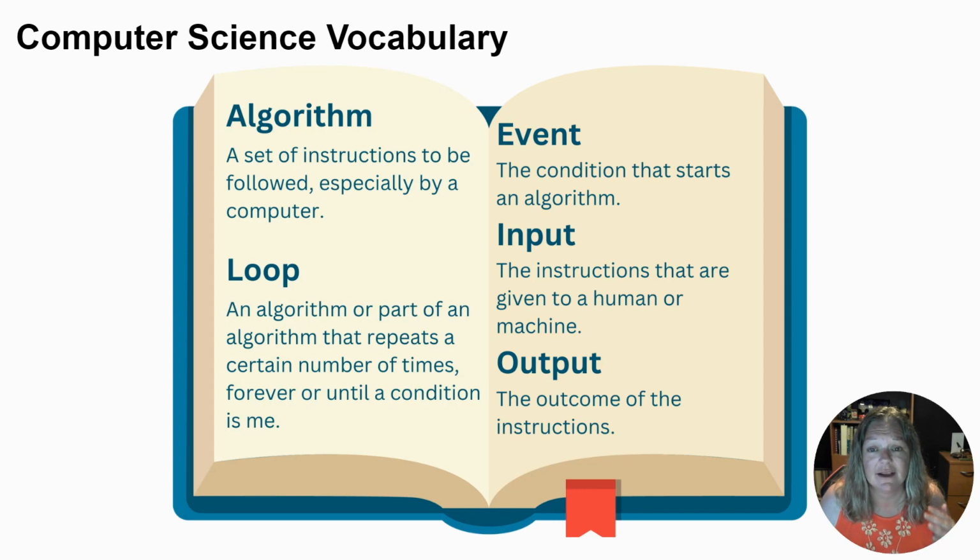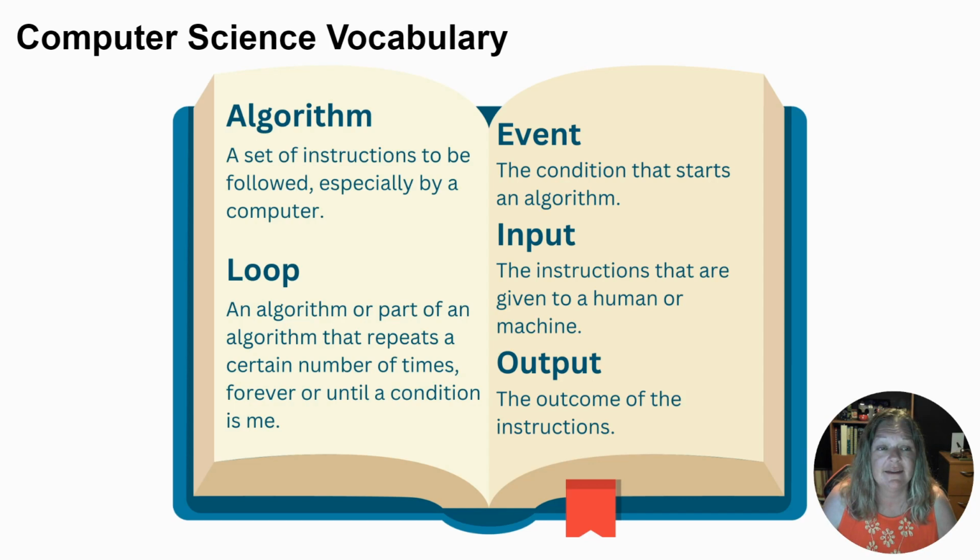That's what it is. This is our vocabulary that we would use as students. So I'd start talking to them right away about an algorithm, that just means a set of instructions. And we talk about how a recipe is an algorithm, and all of the algorithms that I've taught you, my little robots. And we talked about loops earlier. We know what a loop is. That's a repeating. And then event, input, output.